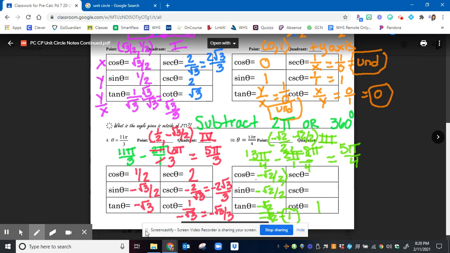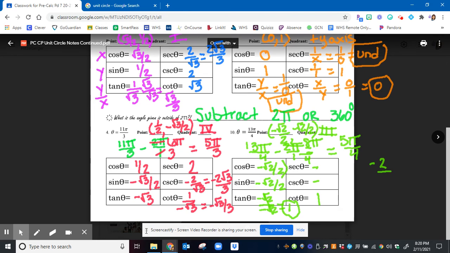Okay, so what we're going to do is we're going to flip this. So we know it's going to be a negative. So we're going to do negative 2 over radical 2, and rationalize. So I just want to show you how this does. Radical 2 over radical 2.